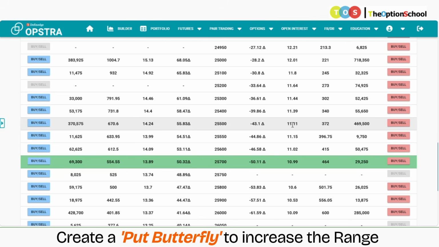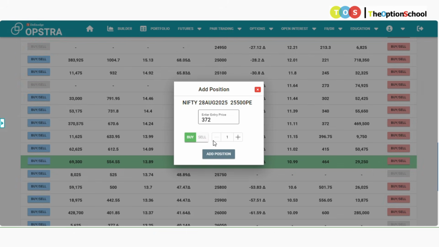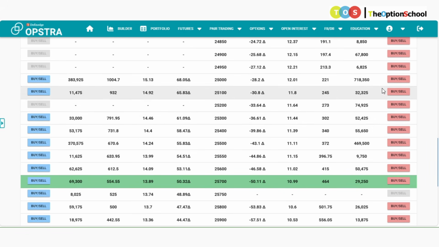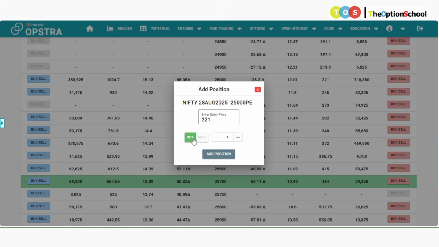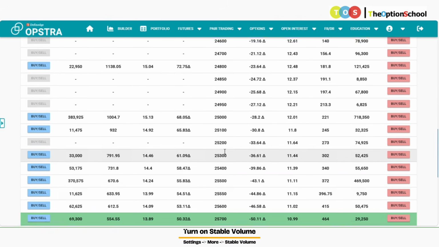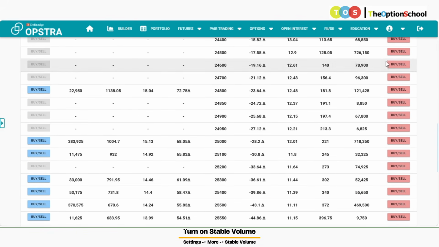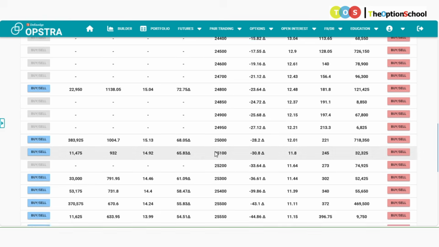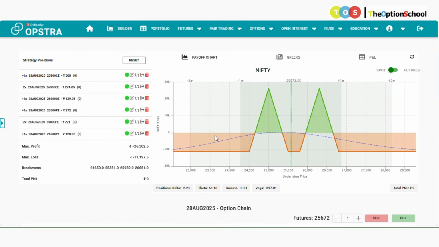I'll start with 25,500, buy one put, subtract 500 points, 25,000, sell two lots of this, and 24,500 buy one. Difference of 500 points between the strikes, right? So now we have created two butterflies.